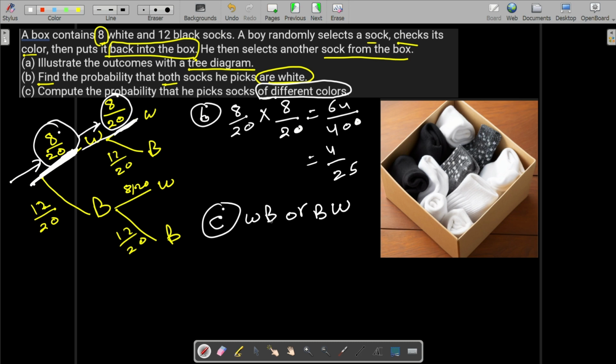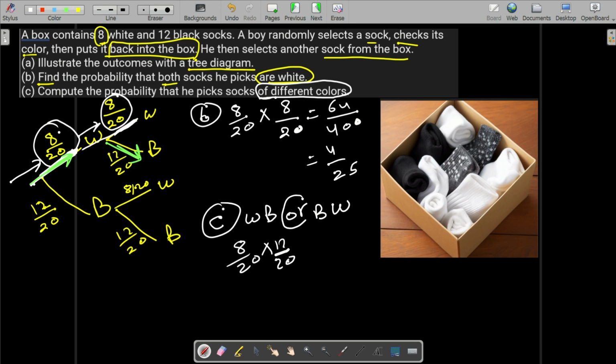You have to take into consideration these two possibilities here. And now, as we did in the previous question, white, then black, so this is going to be 8 over 20, because it's going to be white, then black here. So 8 over 20 multiply 12 over 20.